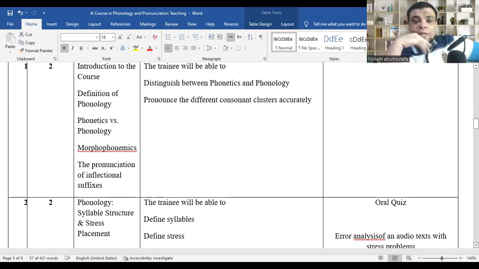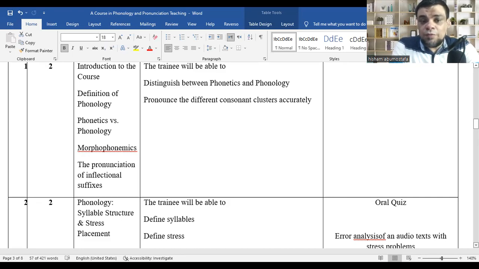After that, we are going to start with morphophonemics. Morphophonemics discusses things related to the pronunciation of consonant clusters at the end, like the ed suffix, okay? So we're going to distinguish between the different pronunciations of the ed and of the suffix s, in plural nouns and in the third person singular verbs.